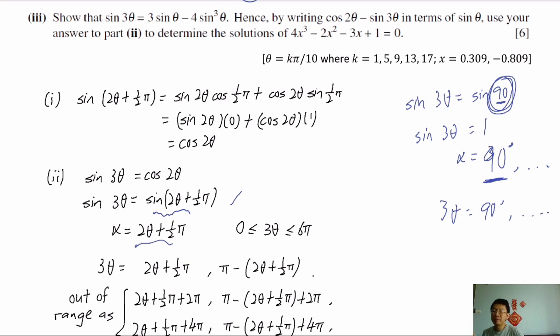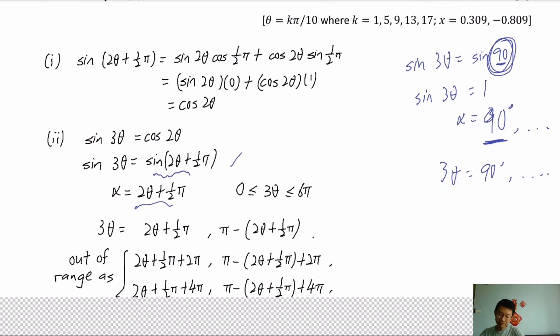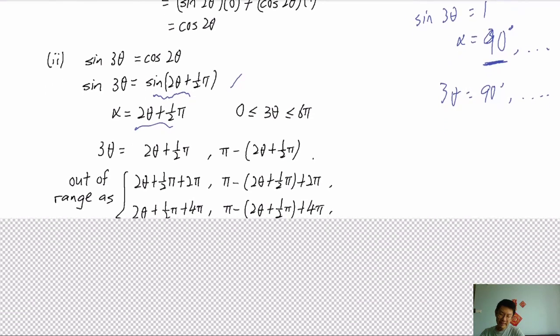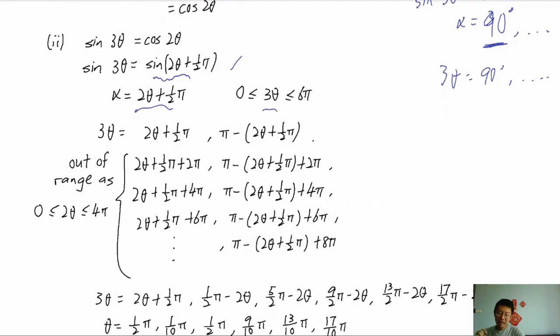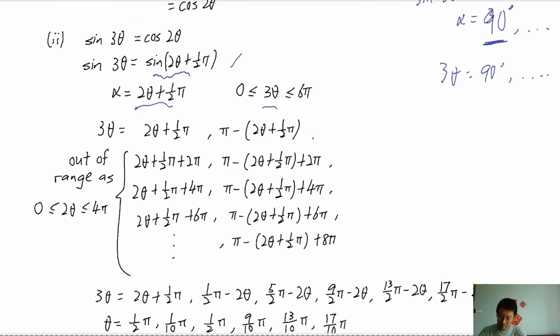From there, what we usually do with the basic angle, because we have the value for the sine: since θ is from 0 to 2π, 3θ is between 0 and 6π. So we have to add on a lot of angles from there.